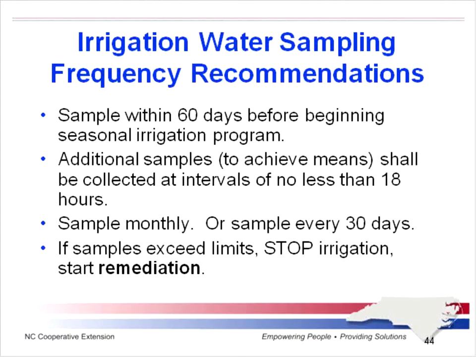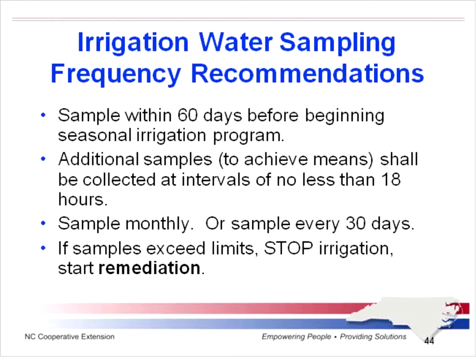We're recommending that irrigation water be sampled within 60 days from the beginning of the season, and then additional samples collected at intervals of not less than 18 hours. So if you have to sample a water source multiple times, you should wait at least 18 hours before taking a second sample.